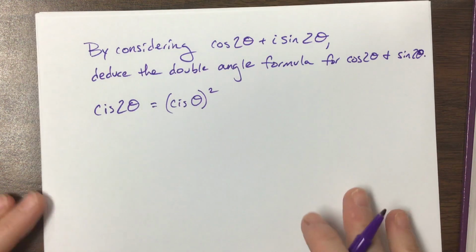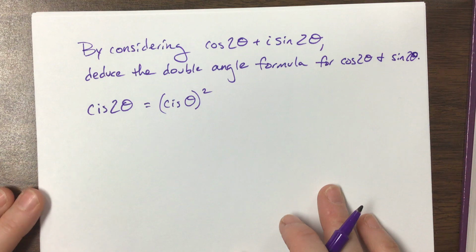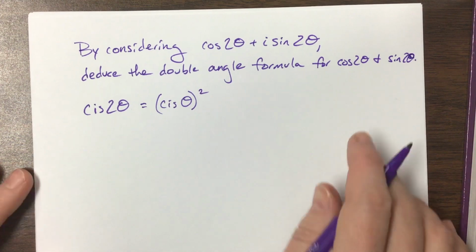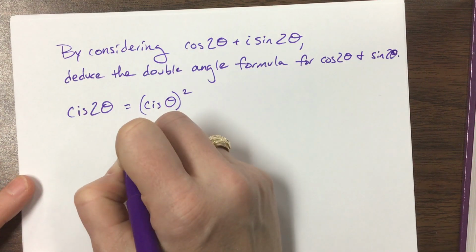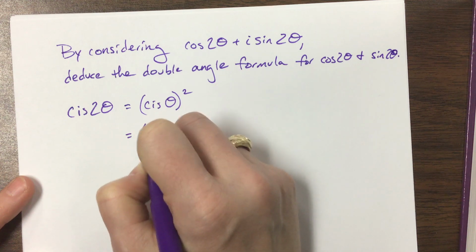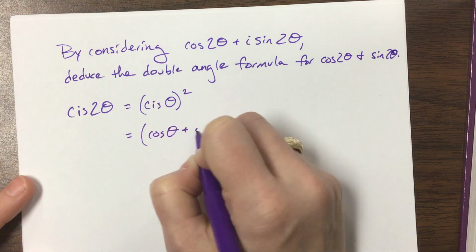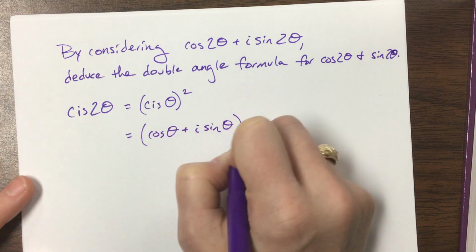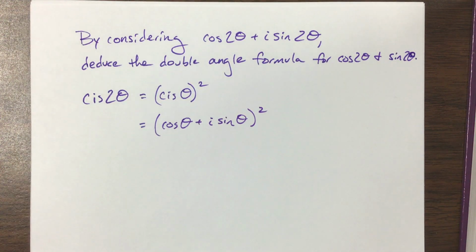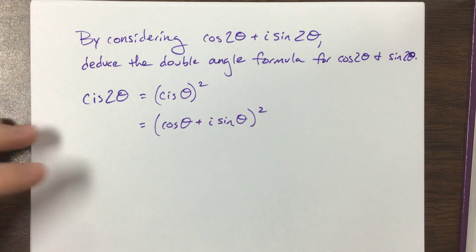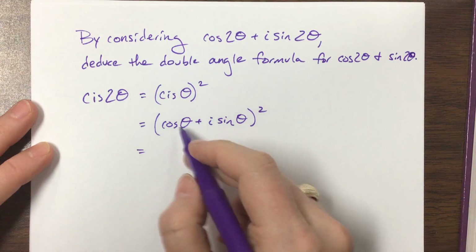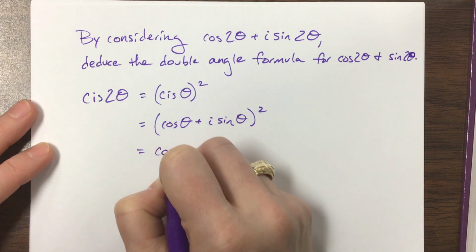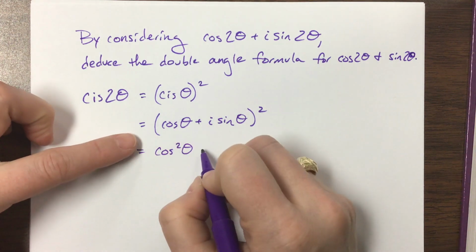So this becomes cosine of theta plus i sine theta, squared. If you remember how to square, this is cosine squared theta plus this times this.